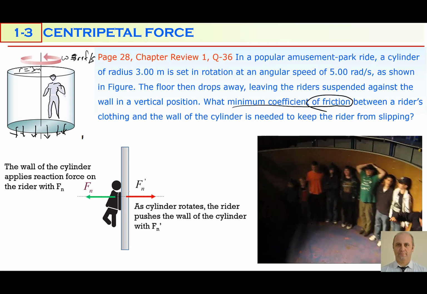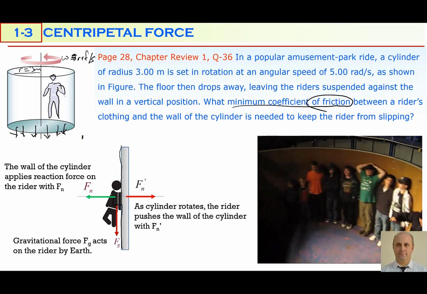So this is also known as the normal force, which is perpendicular to the contact surface. The contact surface in here is now vertical. Normal force is now, as you see, horizontal. So Fn will be acting on the rider's body. And of course, gravitational force will act downward towards the center of the Earth.